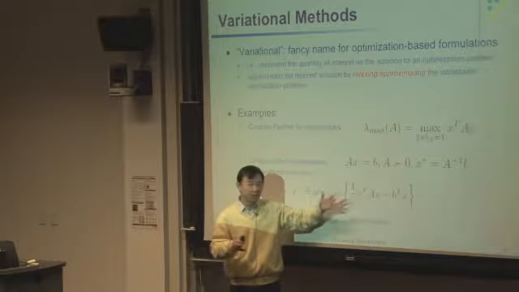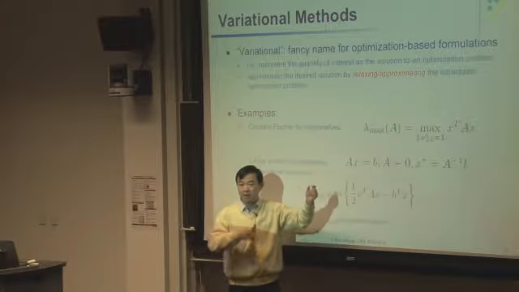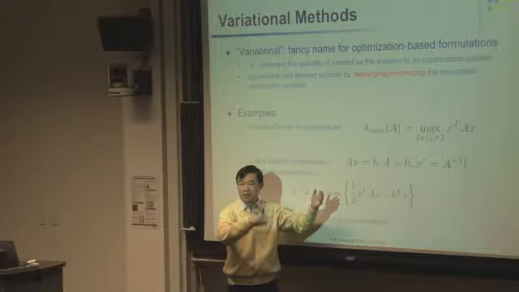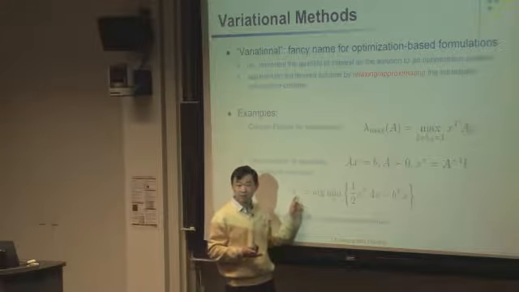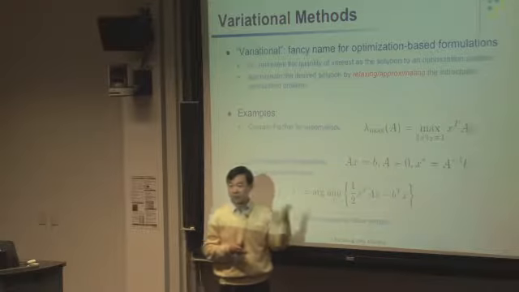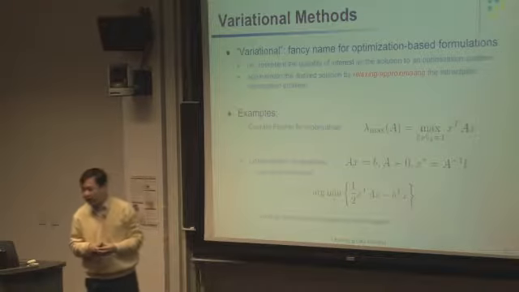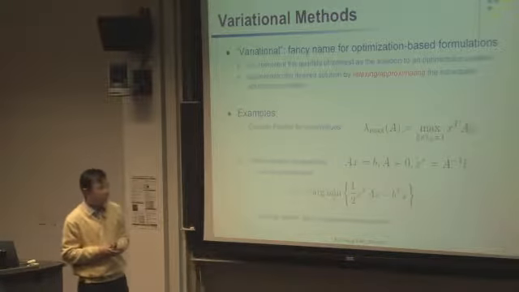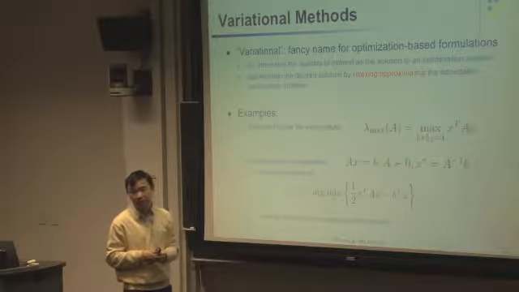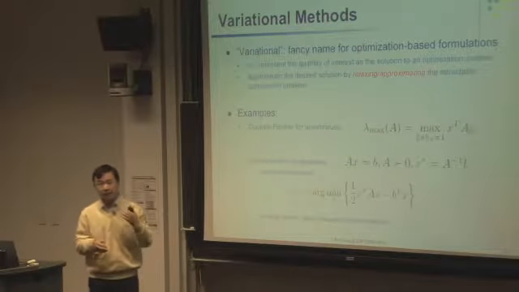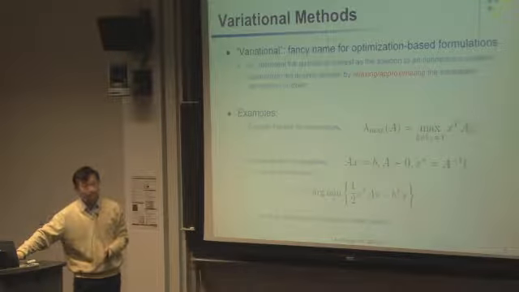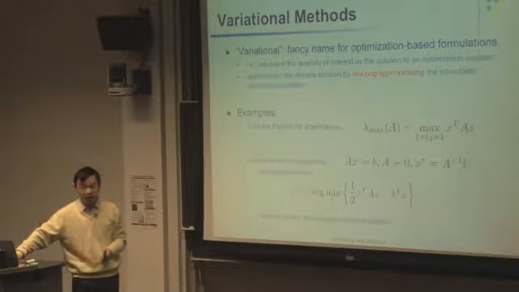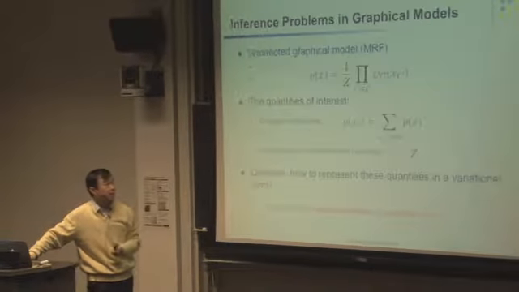And therefore, you can start from a random guess and then iteratively just run a gradient update. You can still get a solution like this, which involves no inversion, right? So that's giving you an idea about why sometimes a redefinition based on the variational principle can be very interesting. And the kind of approximate inference procedure that you've seen so far and what we will be covering in a second is along this line.